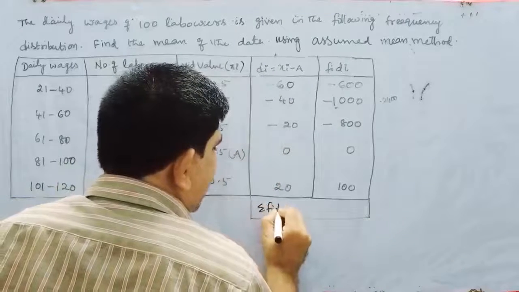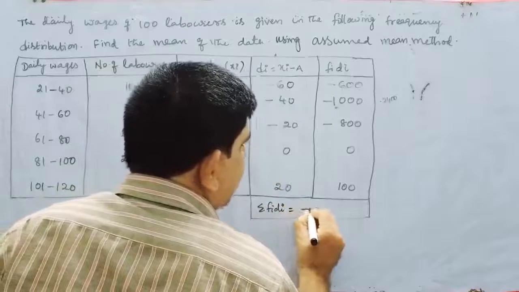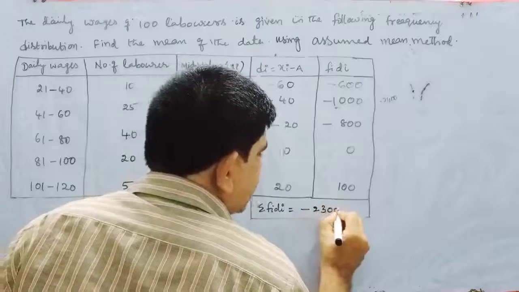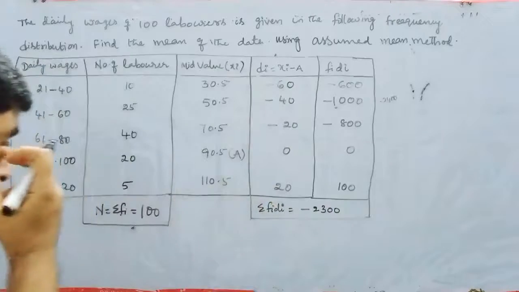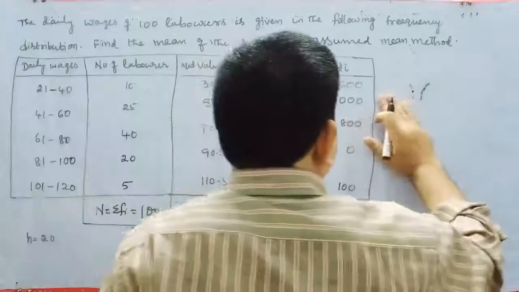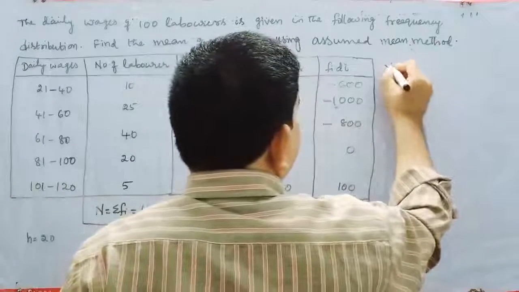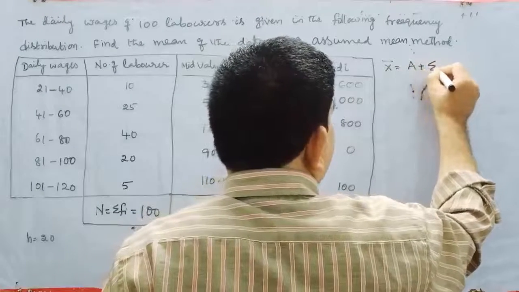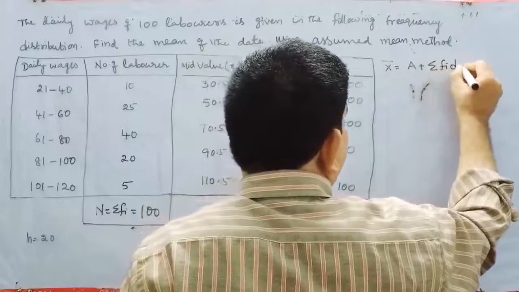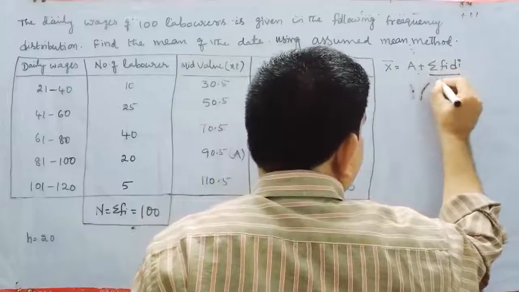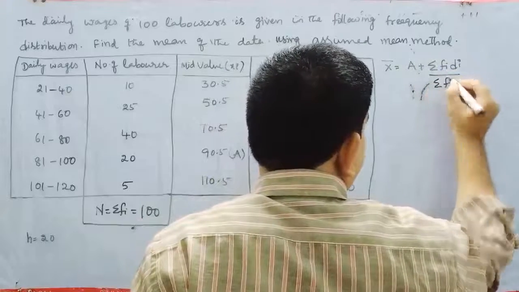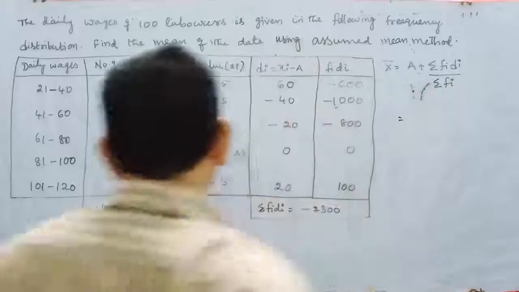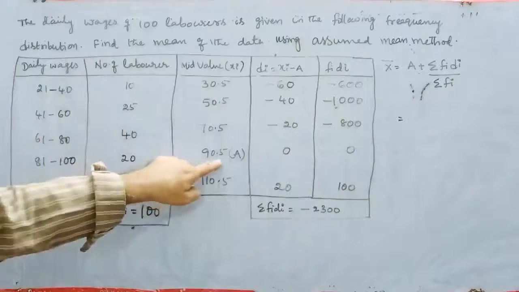Sigma Fi di is equal to minus 2300. Now the formula: x bar is equal to A plus sigma Fi di by sigma Fi. So what is A? A is equal to 90.5.